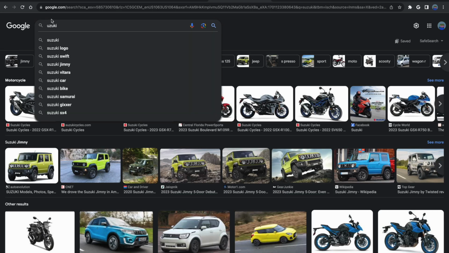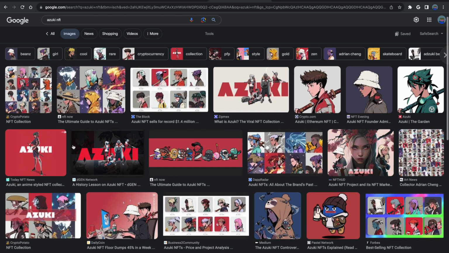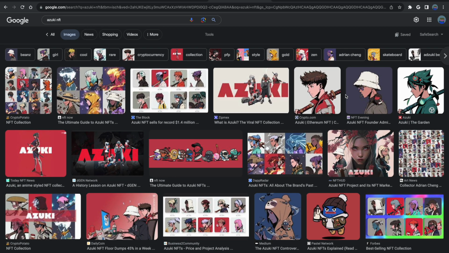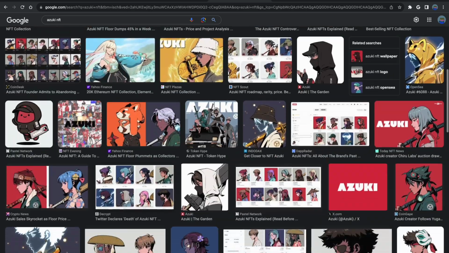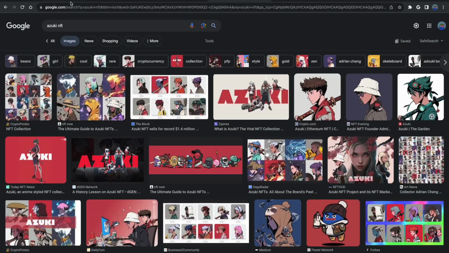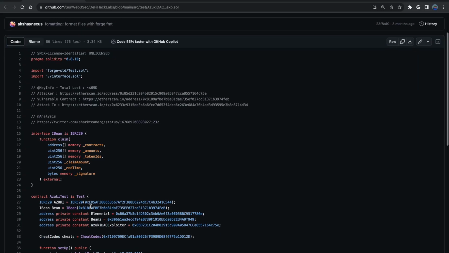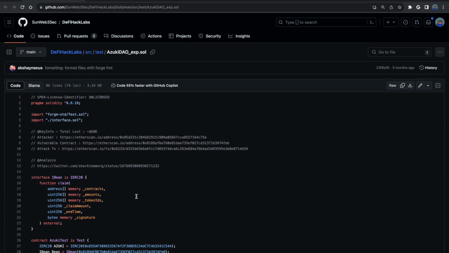So just to show you, this is what not Suzuki. This is Azuki. You may be familiar with these PFPs if you've seen them. But yeah, pretty cool art, but not so great smart contract design.